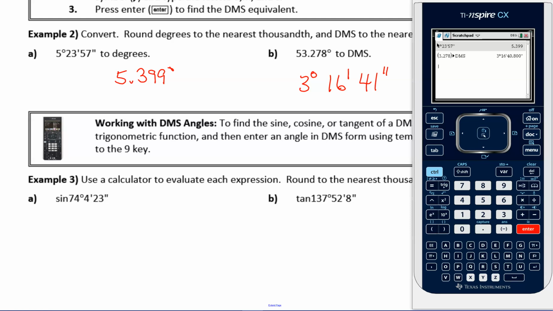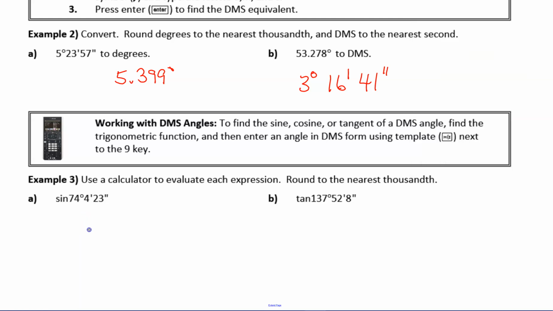I'm just going to take my calculator, use the trig menu to find the sine, and then enter in that template, which we found in the key next to the 9 key. And there's my degrees, minutes, seconds template. So I just enter 74 degrees, 4 minutes, 23 seconds, press enter, and we've got 0.962.